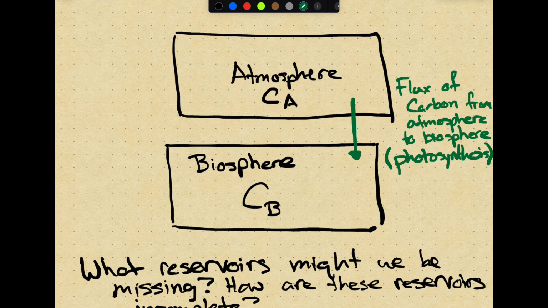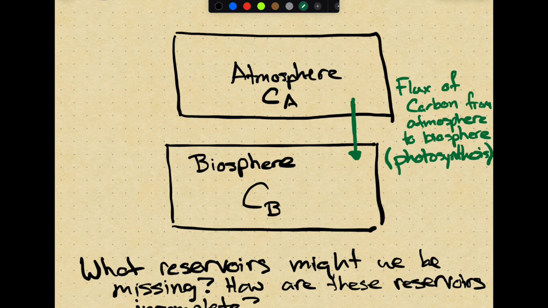There are probably other ways that carbon gets from the atmosphere to the biosphere, but photosynthesis is probably the very largest of all of these. And in our model, that would include photosynthesis of terrestrial plants and other things too, like mosses and lichens, that do photosynthesis but are not technically plants.